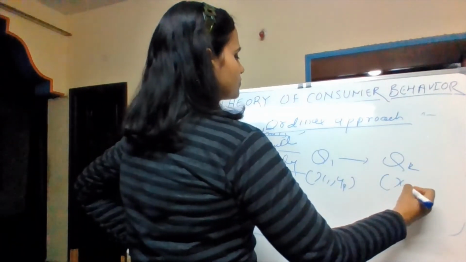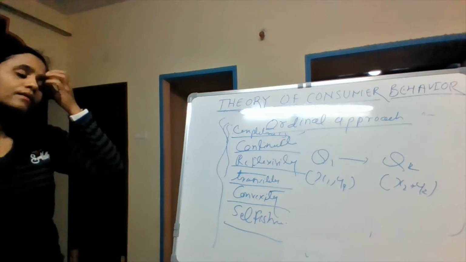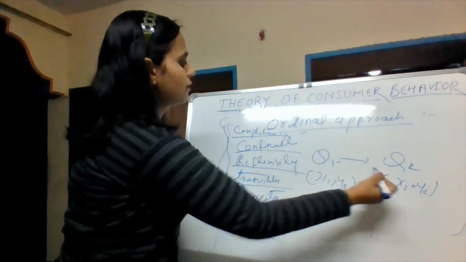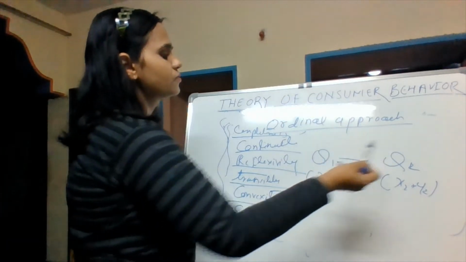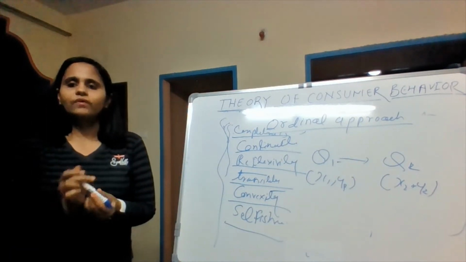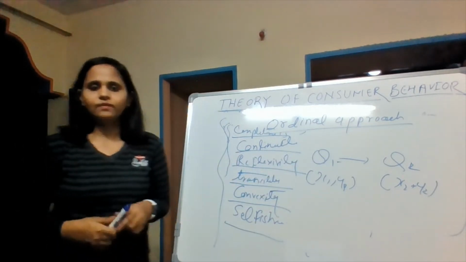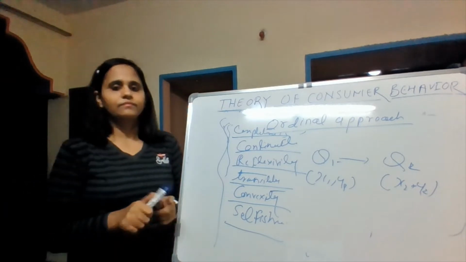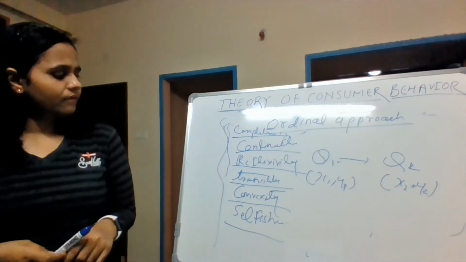Under this you have X2, Y2. These axioms are based on how consumers prefer. If a consumer prefers X1 over X2, and X3 over X1, that means X3 will always be preferred over X2. That is your transitivity.